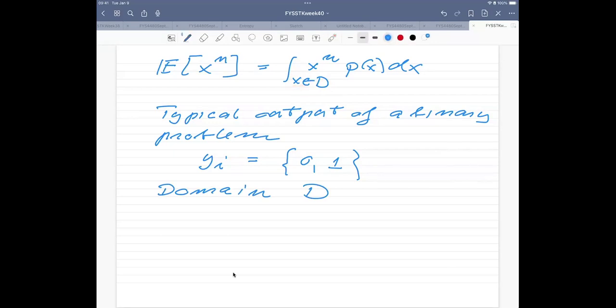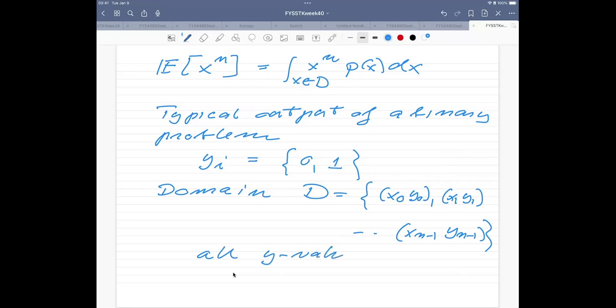In our case now, D contains all the possible events which we have, with input values x_0 and then y_0, then a new set x_1, y_1, and this goes all the way up to the final data point, x_{n-1} and y_{n-1}. So all y values are given by either 0 or 1, if this is our choice. Okay?